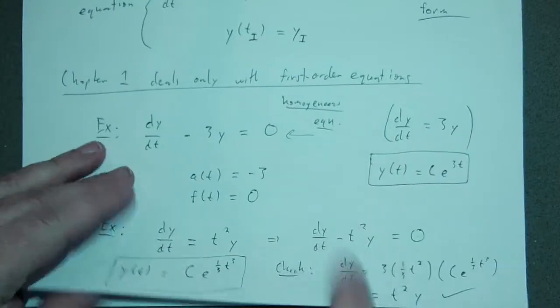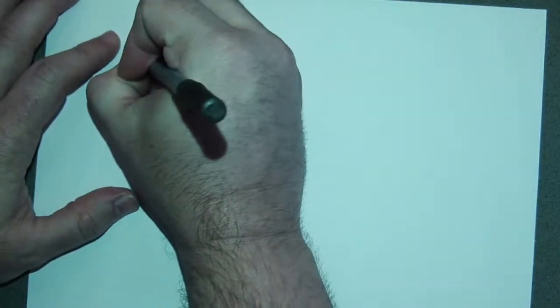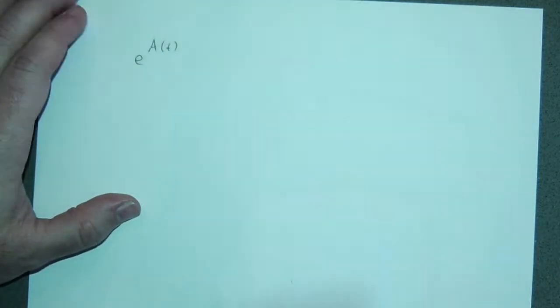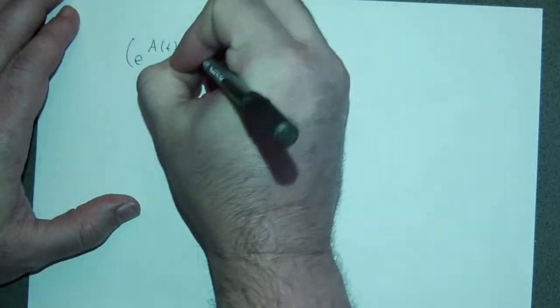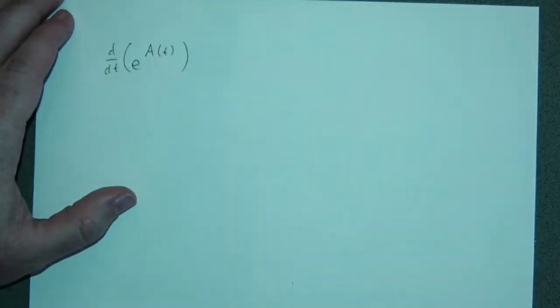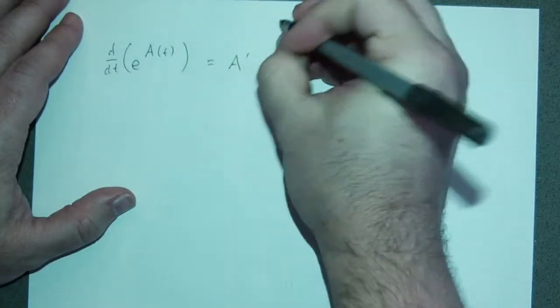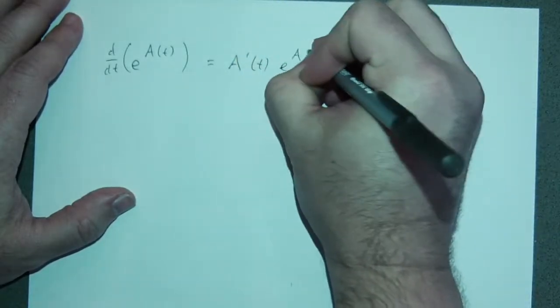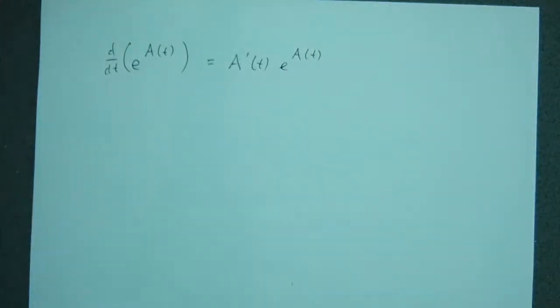Really, both of these solutions are us abusing the fact that if I have e to the big A of t and I take the derivative of this, what I get is big A prime e to the big A of t.